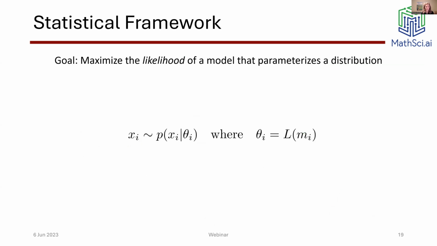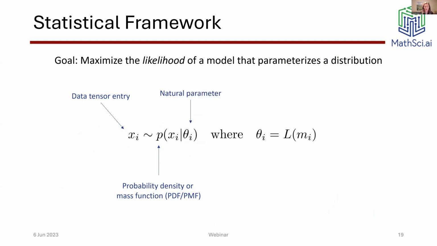The general statistical framework is that we want to maximize the likelihood of our model given a model that parameterizes a distribution. We have some data tensor entry, and some probability density function or probability mass function. It doesn't have to be the one from the normal distribution. Then we have some parameter theta sub i that is describing the distribution.